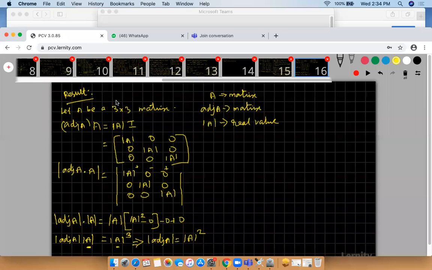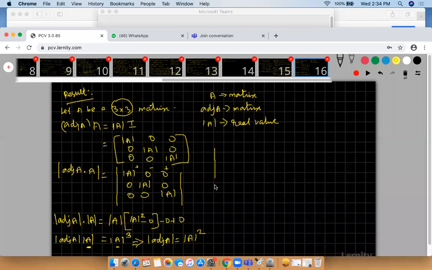Now look at that, your A is a 3 cross 3 matrix, and here I am getting power 2. Suppose I am taking 2 cross 2, then here I will get power 1, determinant of A power 1. Suppose I am taking 4 cross 4, here it is power 3.